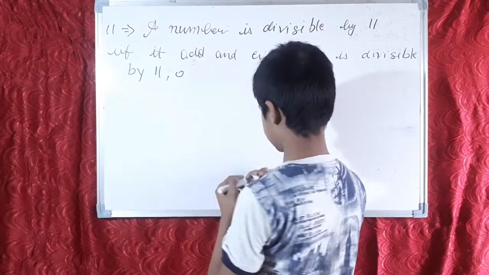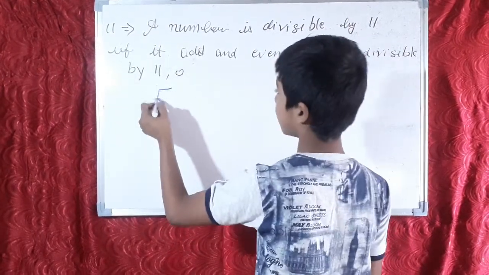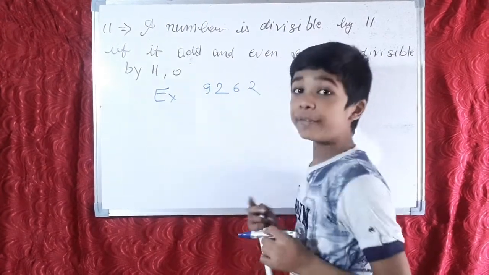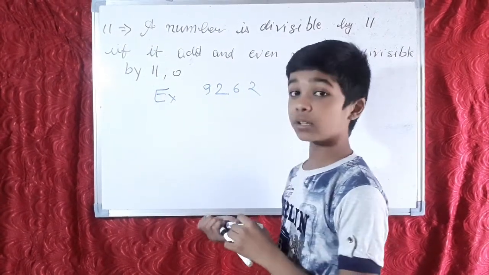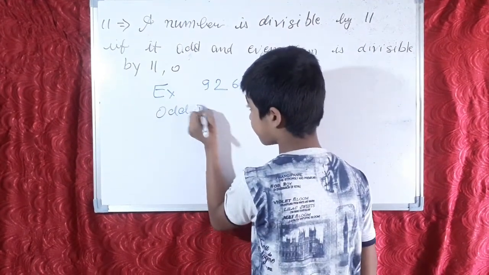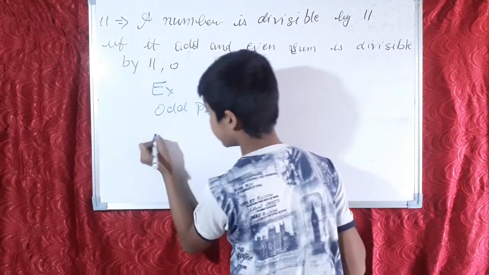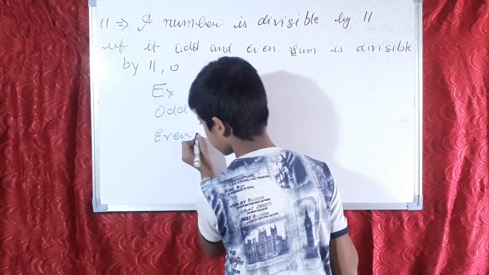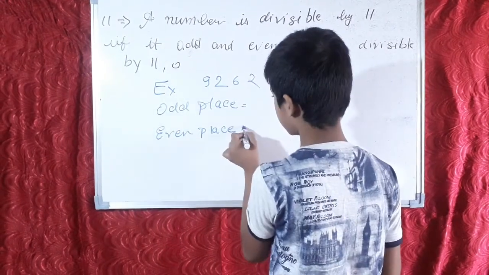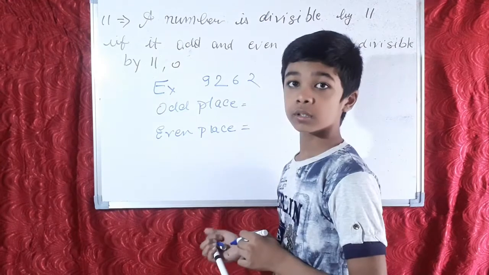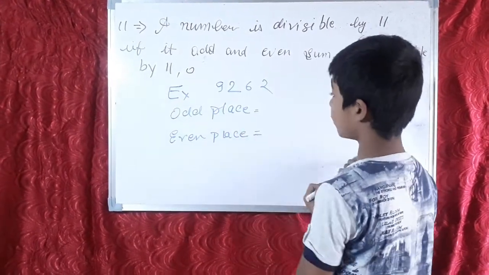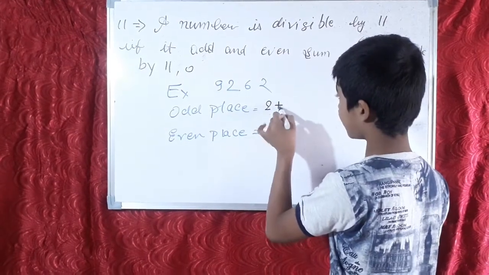So we will take one example: 9262. Now what are we going to do? We are going to take out the sum of the odd places and the even places. The odd place digits are 2 and 2, so 2 plus 2.